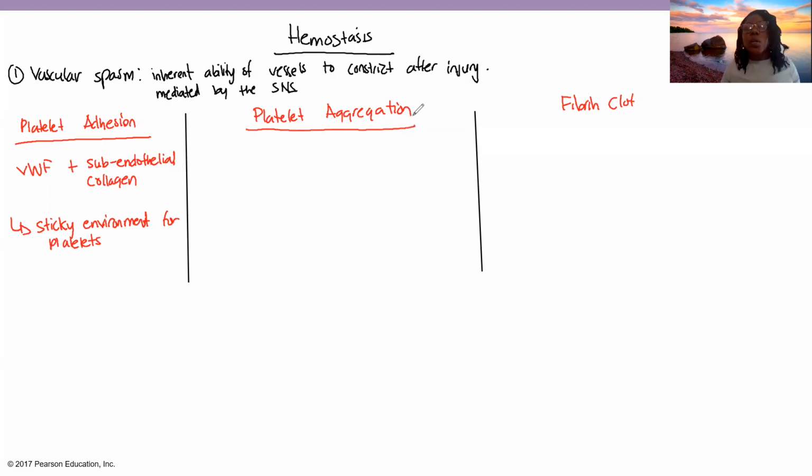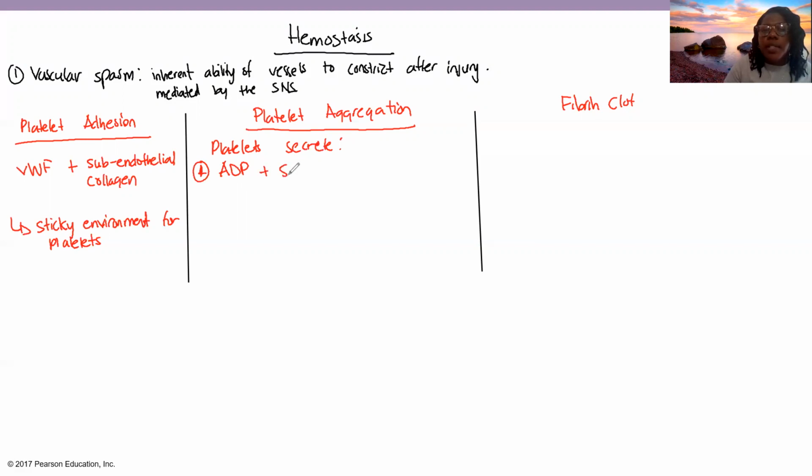So how we start to, via positive feedback, aggregate more of those platelets is via some of the substances that those platelets secrete. Platelets that begin to aggregate here initially will then secrete a couple of substances. So platelets will secrete ADP, or adenosine diphosphate.